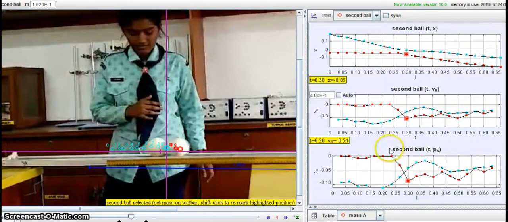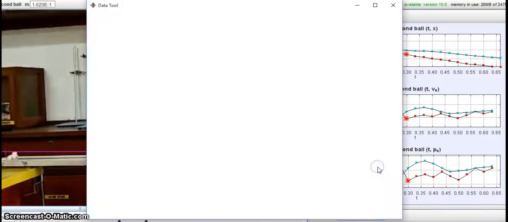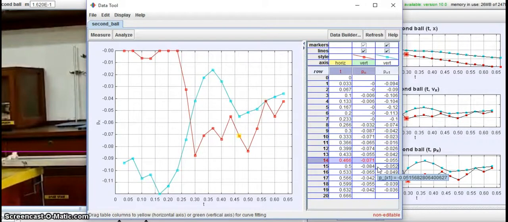Right, now we did the calculation for the total initial momentum, and it is 0.09 kilogram meter per second. Now let's see what is the total final momentum after the collision. Okay, this is the data tool. This is the red ball, which is the second ball, and this is the blue ball. And let's check at this point. So we have momentum at the direction of x.